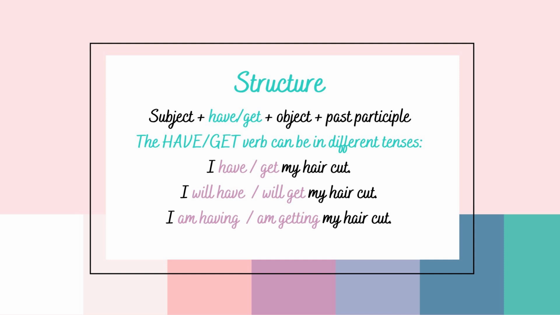And in present continuous, it would be I am having or I am getting my hair cut. These are just some examples, but you can put the have and get in any tense. In past simple, past perfect, be going to, any tense. Remember that the past participle, in this case cut, always stays the same. This never changes.